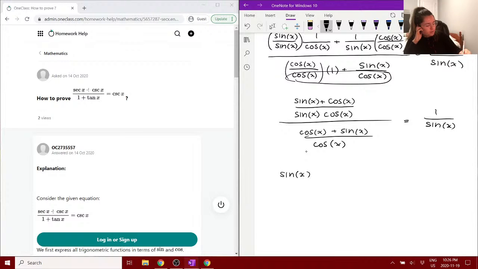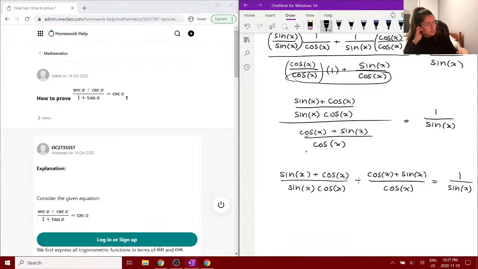We have our fraction that's in the numerator here, that's sine of x plus cosine x divided by sine x times cos x, divided by cos of x plus sine x divided by cos x. So I'm not changing anything, I'm just changing the notation for how it's divided so we can see clearly what we're doing.